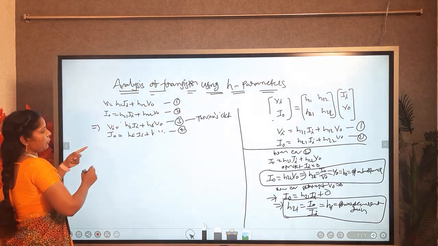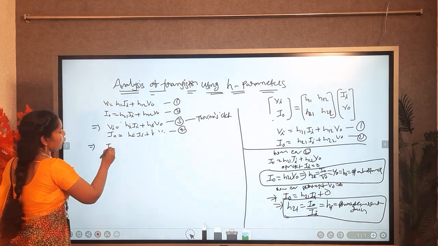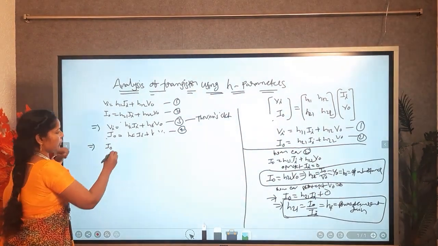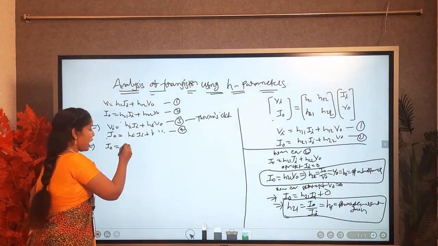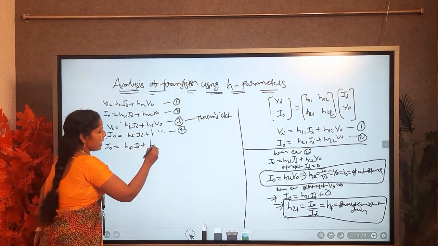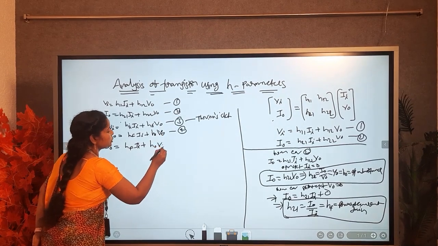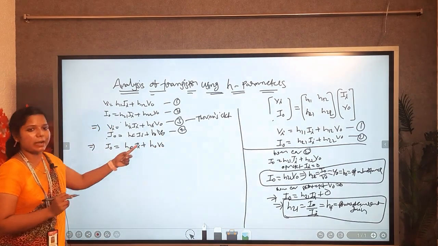From equation number 4, I naught equals HF into II plus H naught into V naught. Substitute the values of HF and H naught.